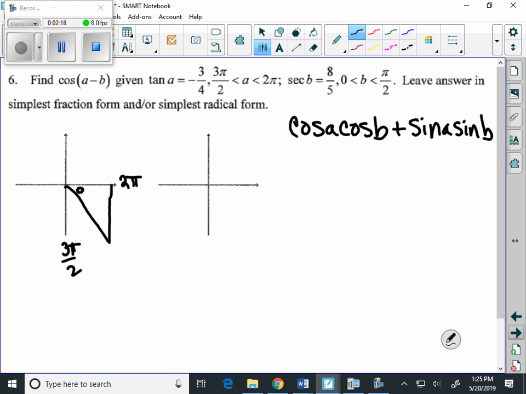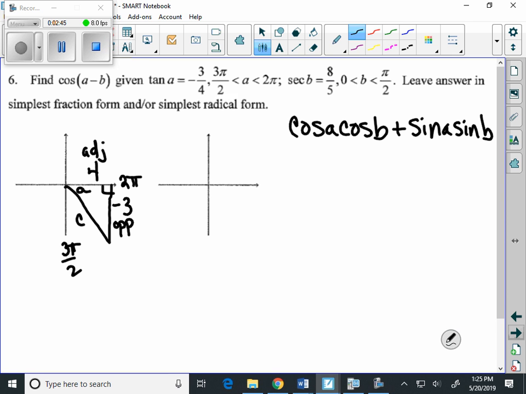We're working with angle A here. And across from the A is the opposite, which is going to be the negative 3. And the hypotenuse I'm going to call C is across from our right angle, which means that our other side is the adjacent, and it's going to be 4 here.